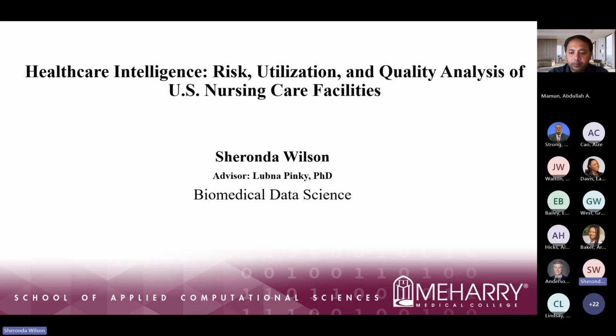Healthcare Intelligence, Risk Utilization, and Quality Analysis of U.S. Nursing Care Facilities. This capstone develops a healthcare intelligence system utilizing publicly available Medicare data queried through Google BigQuery, along with machine learning and explainable AI to better understand why some healthcare facilities generate higher cost, higher risk, and different utilization patterns than others.